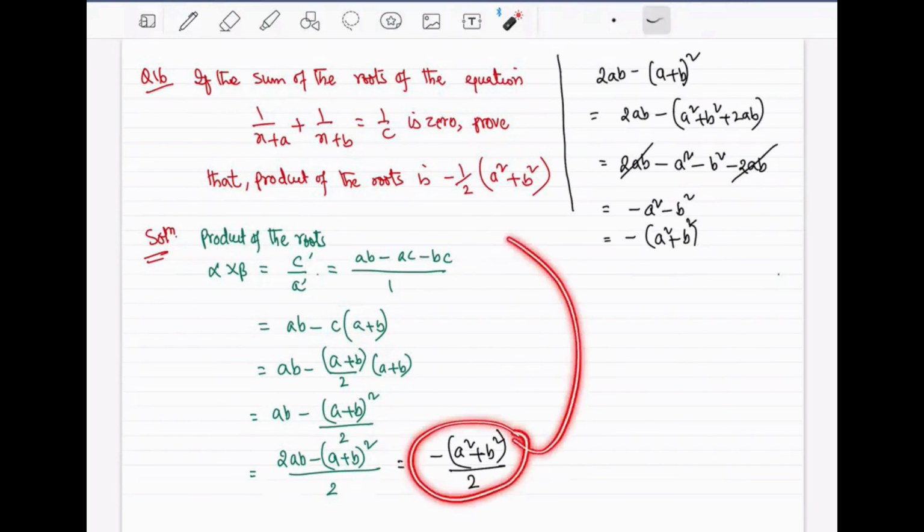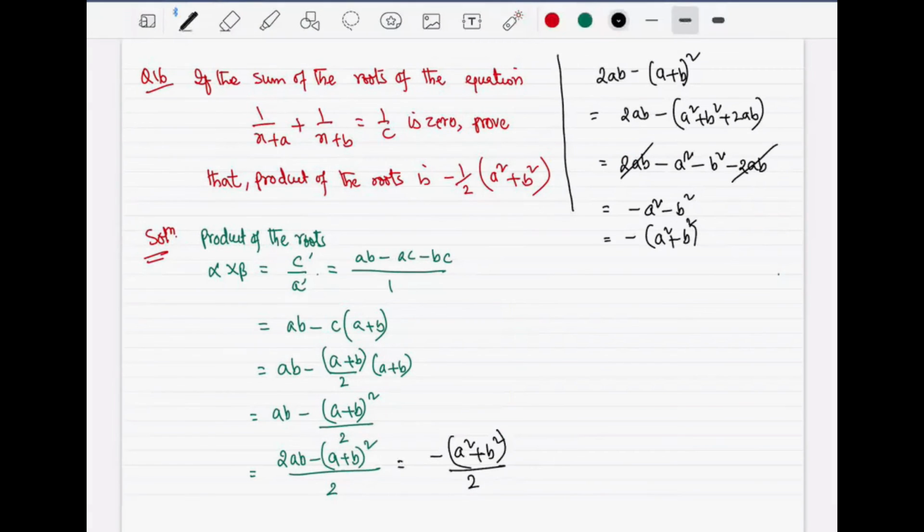This form, I can write exactly like this, right? The divided by 2, I can change it into half, isn't it? So we will have half, minus sign, A square plus B square. Okay, look, we found the product of the roots. Finally, what do we get? We get minus half A square plus B square.